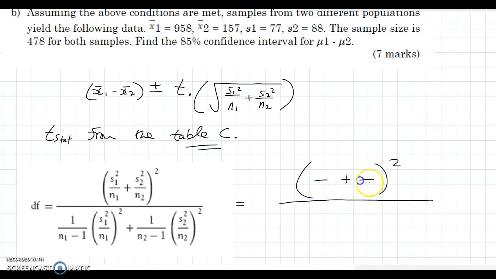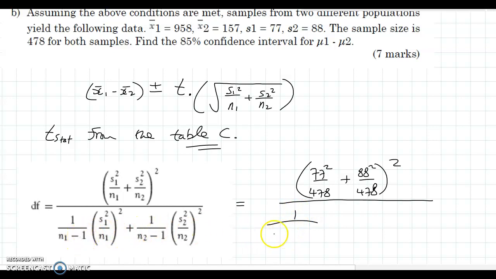and we've 2 fractions here. n1 and n2 downstairs are both going to be the same, 478, sample size 1 and sample size 2. s1 is 77, it's going to be squared, and s2 is 88, squared. And underneath them we've 1 over n1 minus 1.